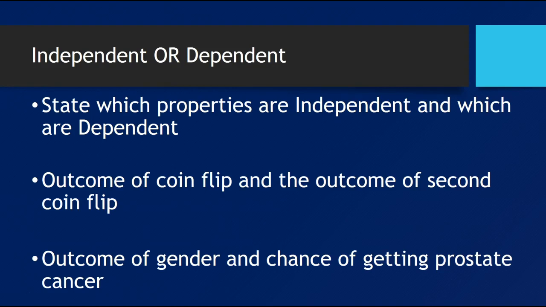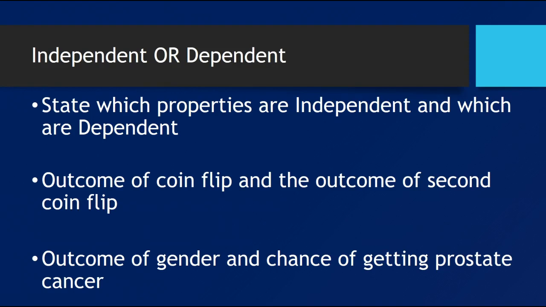If the first flip lands on heads, is the probability changed on the second flip? We should all agree that it's not. It's still going to be 50-50 on the second flip. So the outcome of the first flip did not affect the outcome of the second flip. Since these outcomes don't affect each other, these are independent events. So the 2 flips of the coin are independent events.